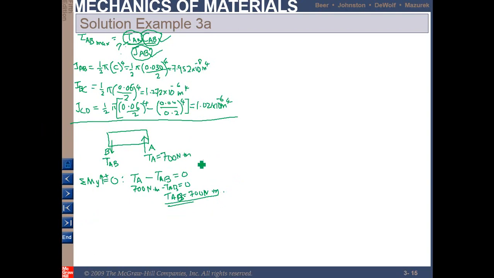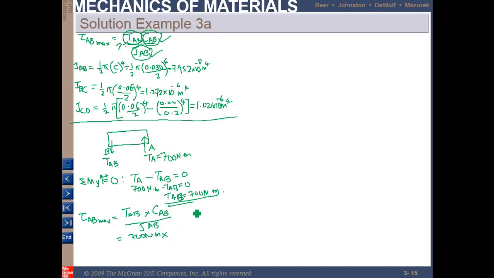Also, you can put the shear maximum at rod AB is equal to torque AB times CAB over JAB. So this is 700 times C. What is the value of C?